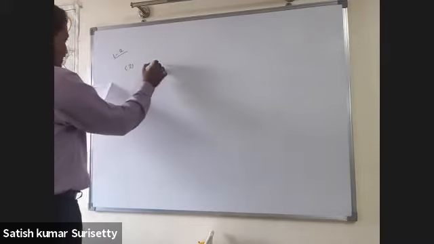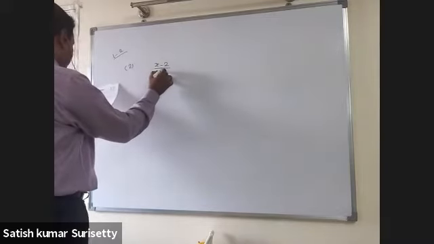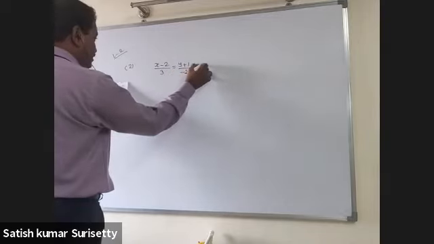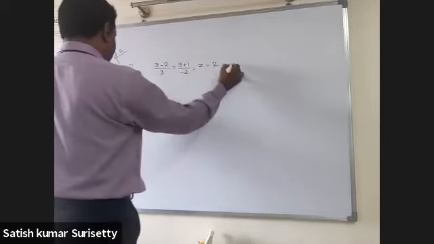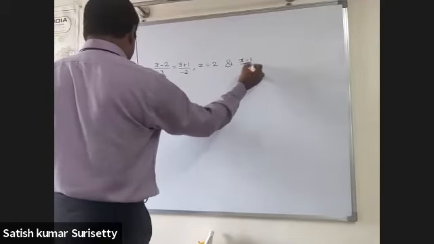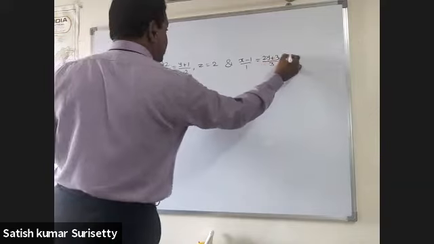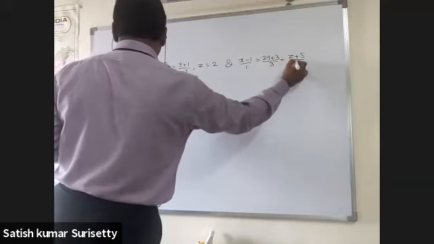Find the angle between the lines x minus 2 upon 3 equal to y plus 1 upon minus 2, z equal to 2, and x minus 1 upon 1, 2y plus 3 upon 3, z plus 5 upon 2.